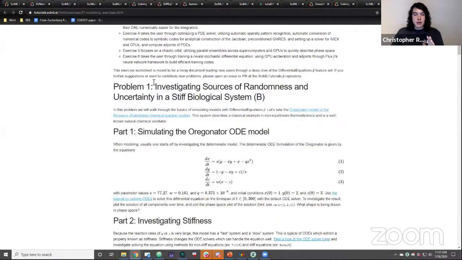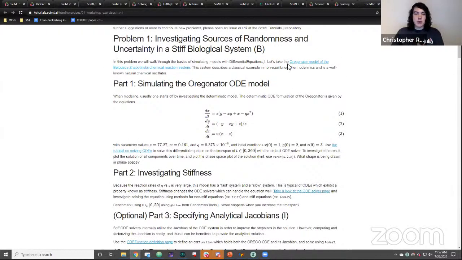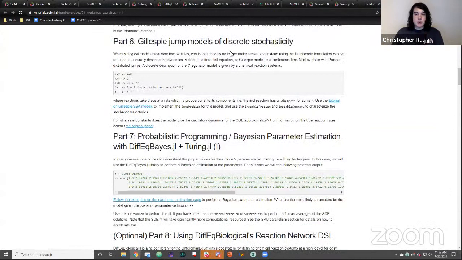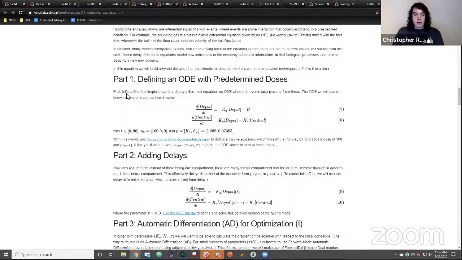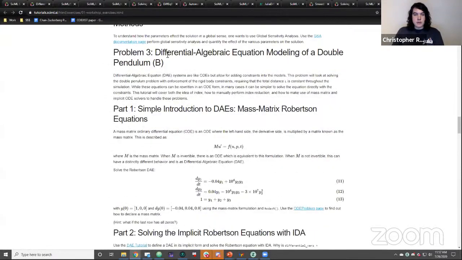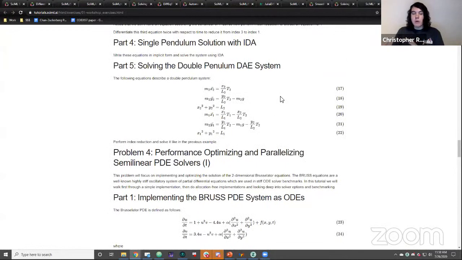So we have problems looking at investigating sources of randomness and how different randomness models can affect, for example, the Oregonator biochemical reaction system, investigating stiffness, looking at Gillespie equations and mixing Gillespie type simulations with differential equations and performing Bayesian estimation on them, doing dosing for pharmacometric models, differential algebraic equations.